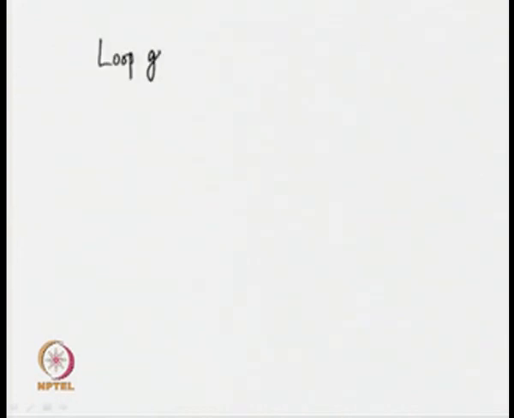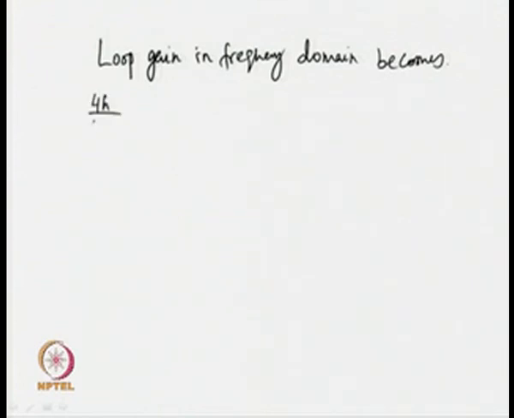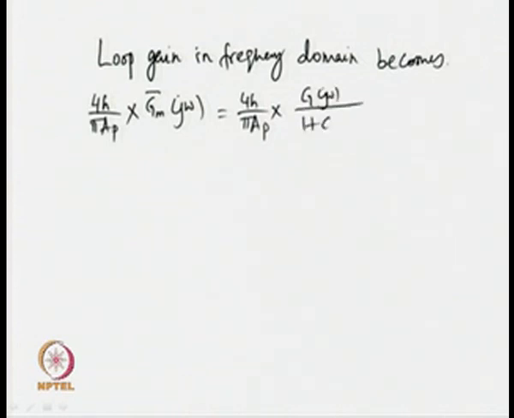The loop gain in frequency domain becomes 4H by pi AP times GM bar j omega, where omega is the frequency of the output signal, which is equal to 4H by pi AP times G(j omega) divided by 1 plus G(j omega) times GC(j omega).